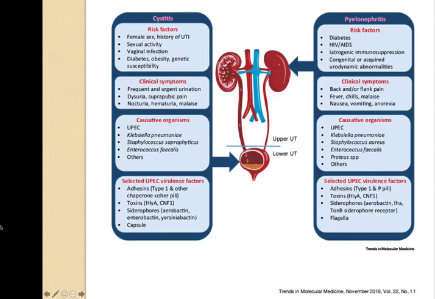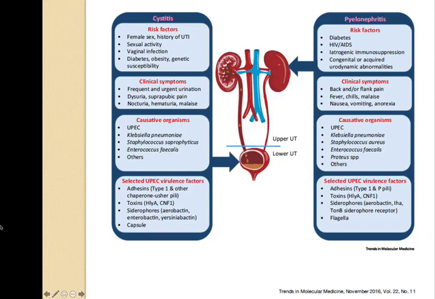So it's a known fact that women are at a higher risk for urinary tract infections just because of the structural anatomy. And what's important to remember is that most males should not have urinary tract infections unless there is a comorbidity or predisposing risk factors, which we will go over later.